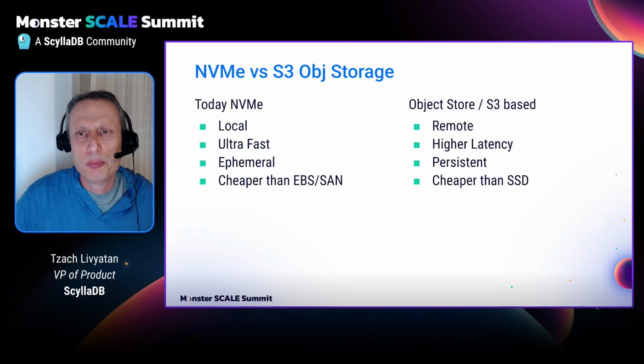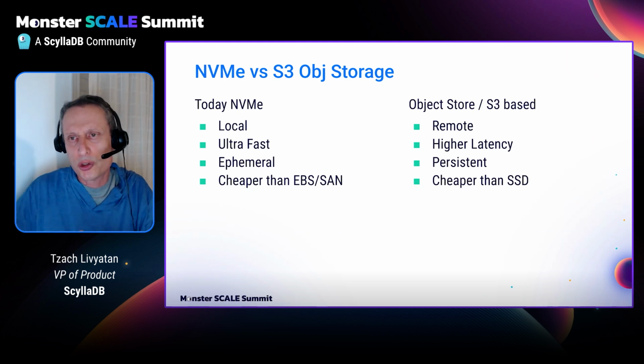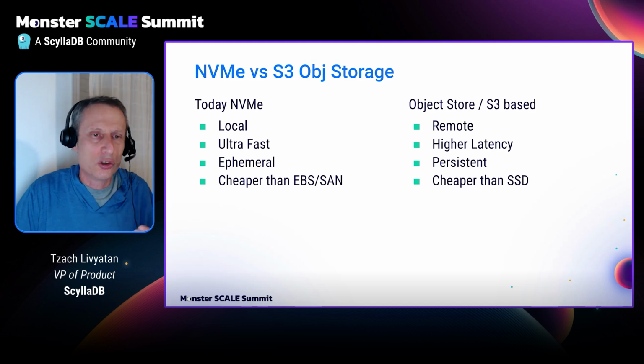So first, let me briefly describe the difference between the store that we're using right now and an object store like S3. Today we are using NVMe on EC2, for example. It's a local SSD, very fast, super low latency, much lower than sub-millisecond.